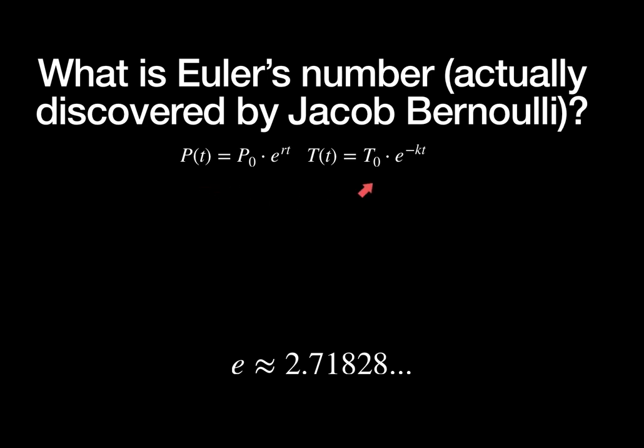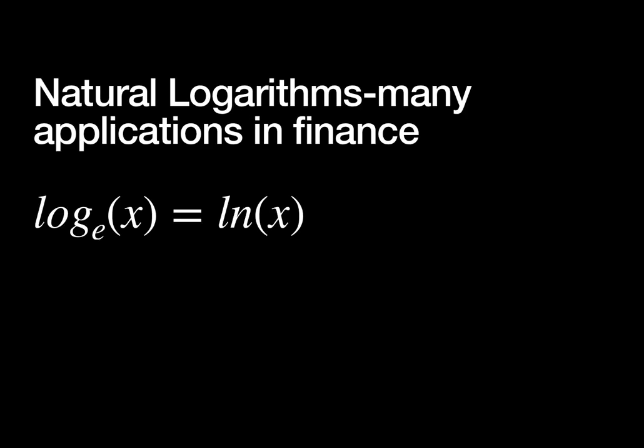So finance, temperature. In chemistry, there's talk about half-life. But Euler's number, 2.718, E, is where we get what's called the natural log. So the natural log is log base E, which is really log base 2.71828, or something like that.